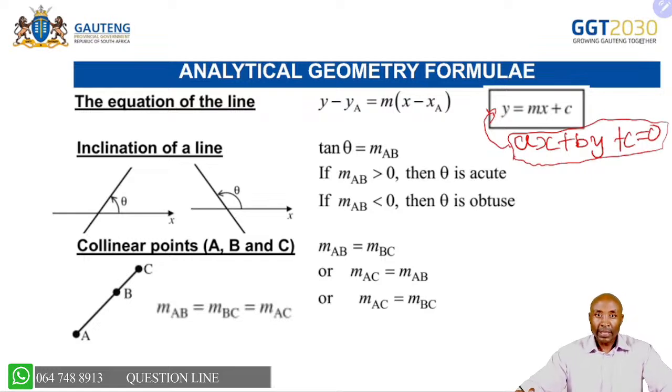Once one of these gradients is not equal to any of the other ones, then it means the points are not collinear. Sometimes they will not give you a line, they'll just give points A, B, C with coordinates. Then you are supposed to prove that the points are collinear. We are going to use gradient.